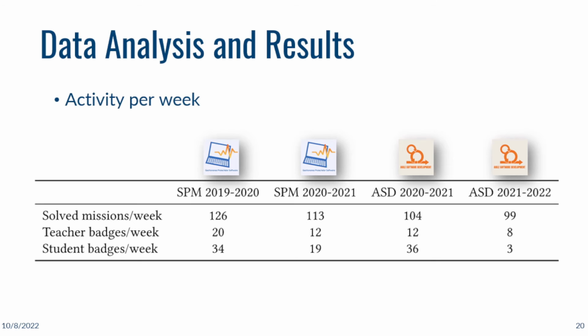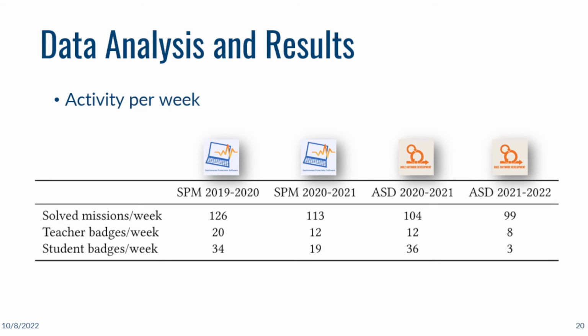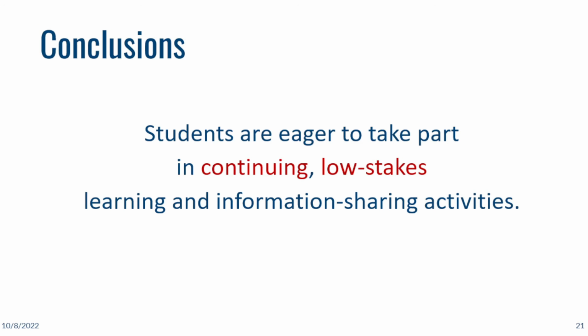As a result, we can observe that the total number of completed missions for each course is greater than 1,800, and the rate of completed missions per week ranges from roughly 100 to 126. In conclusion, it can be said that students are more than willing to participate in learning and information sharing activities on an ongoing basis with high frequency but low intensity.